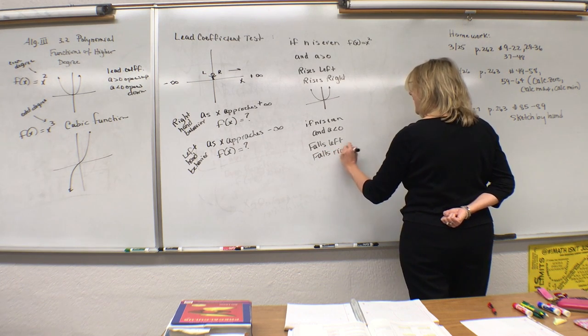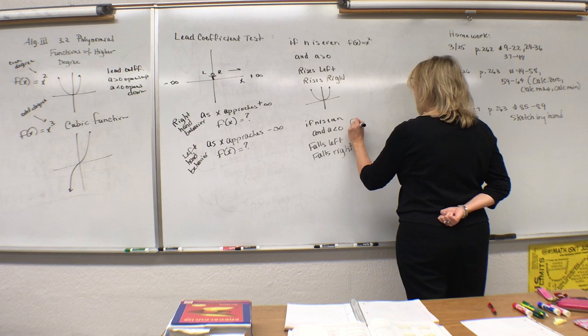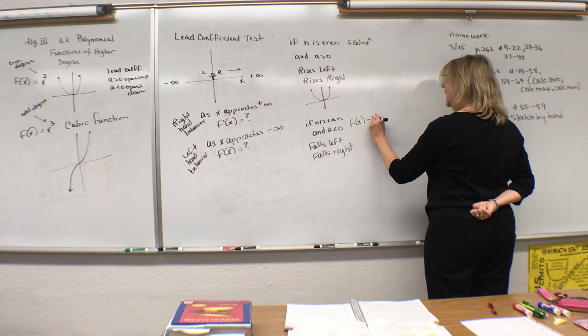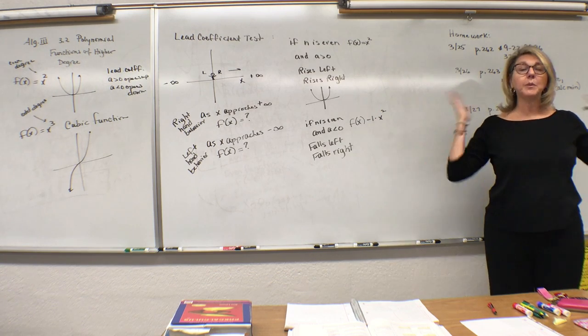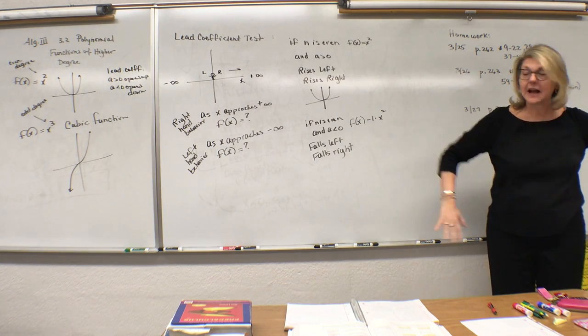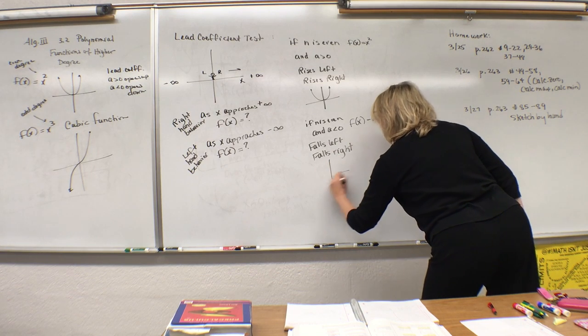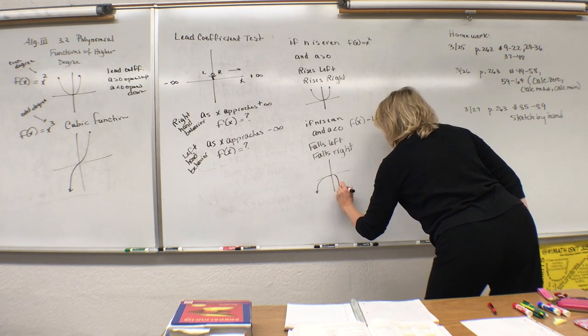In other words, we've taken this parabola, and now we have f of x equals really -1 times x squared. Well, you know when there's a -1 seated directly in front of the variable, this is a reflection with respect to the x-axis. So we fall to the left, and we fall to the right.